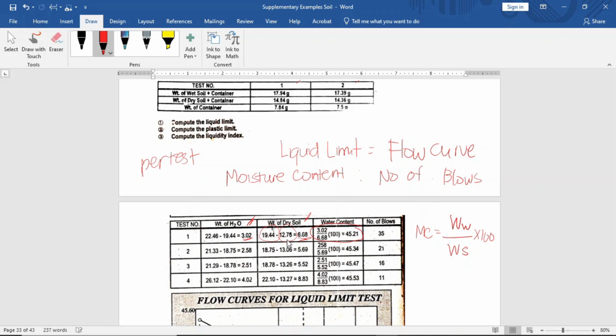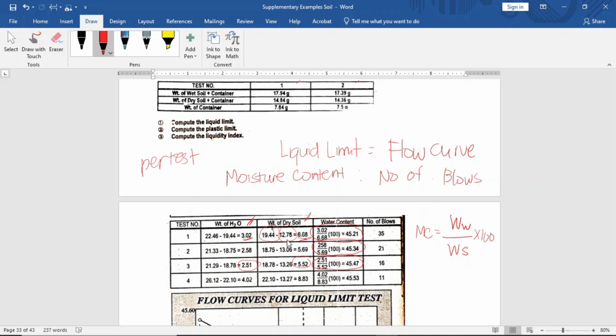Test 1 lang yan. Para naman sa test 2 natin is 2.58 all over 5.69 times 100, 45.34. Yan yung para sa test 2 natin. Para naman sa test 3 natin is 2.51 all over 5.52 times 100 is 45.47.